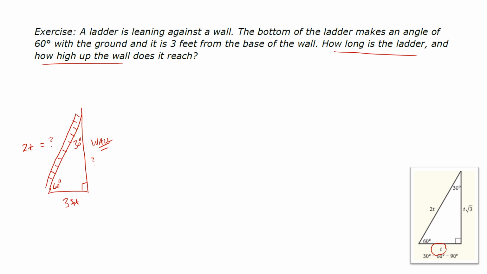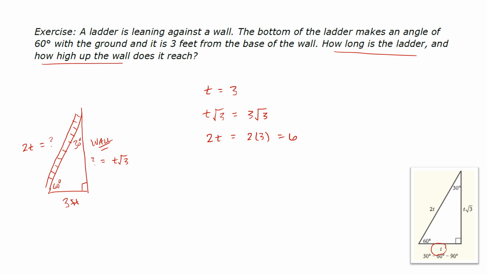And we need to find how high up the wall the ladder reaches, and that is t square root 3. So since we know t is 3, we can find t square root 3, which will equal 3 square root 3, and we can find 2t, which would be 2 times 3, which equals 6.